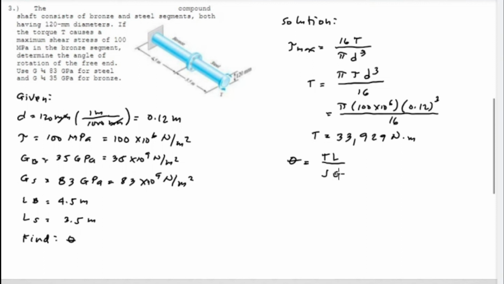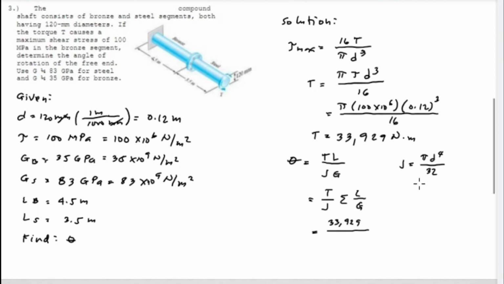So we summarize T over J, and we need to sum up the value for L over G for bronze and steel. So the value for T is equivalent to 33,929, and we divide by J, and the value for J based on the formula is equivalent to pi d to the fourth all over 32.